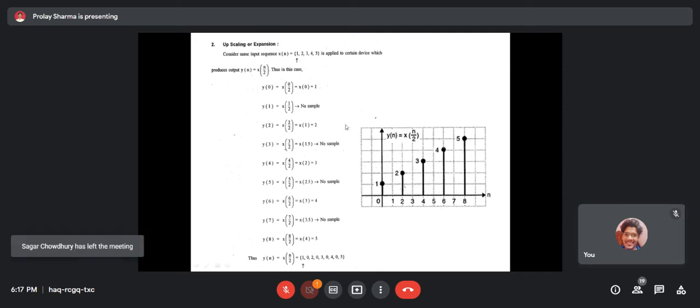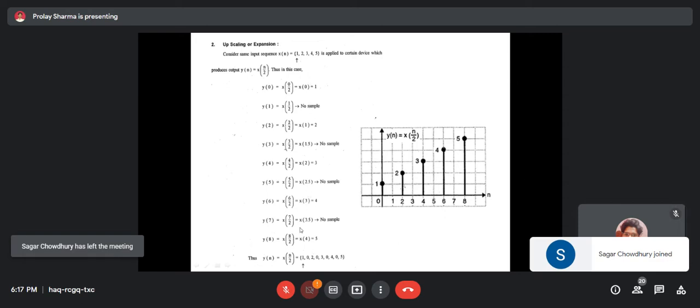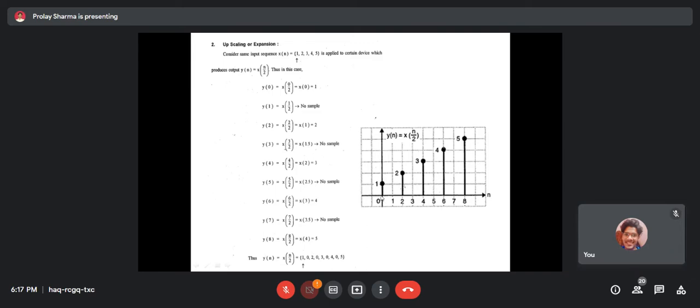This way, if we do these calculations, we get that at n equal to 0 we are getting sample value 1, n equal to 2 we are getting sample value 2, n equal to 4 we are getting sample value 3, n equal to 6 we are getting sample value 4, n equal to 8 we are getting sample value 5.